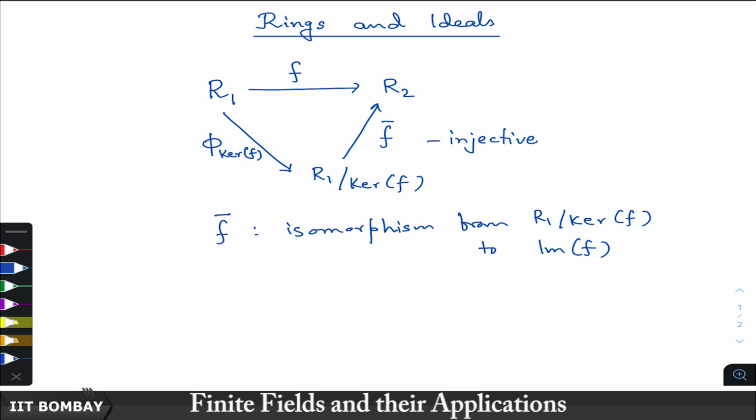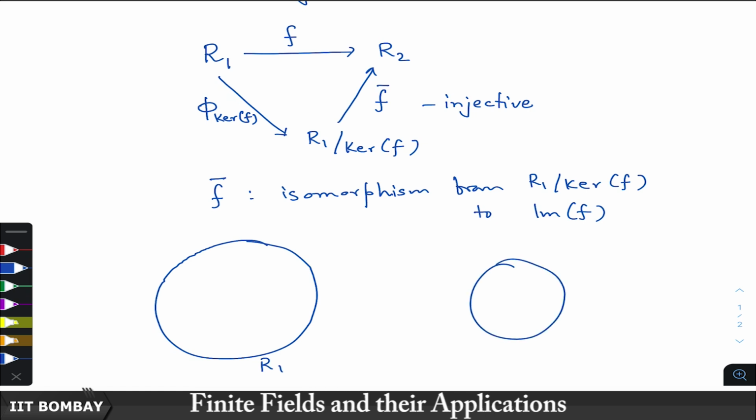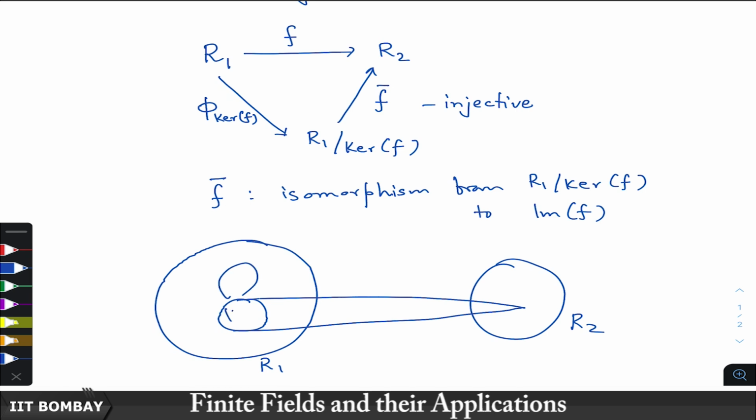Now, intuitively, what this is saying is that if we have this ring R1 and this ring R2, and there is this kernel of F which goes to the 0 element, then we also know that every coset of the kernel goes to another element; a full coset goes to one element, another coset goes to another element, and so on.